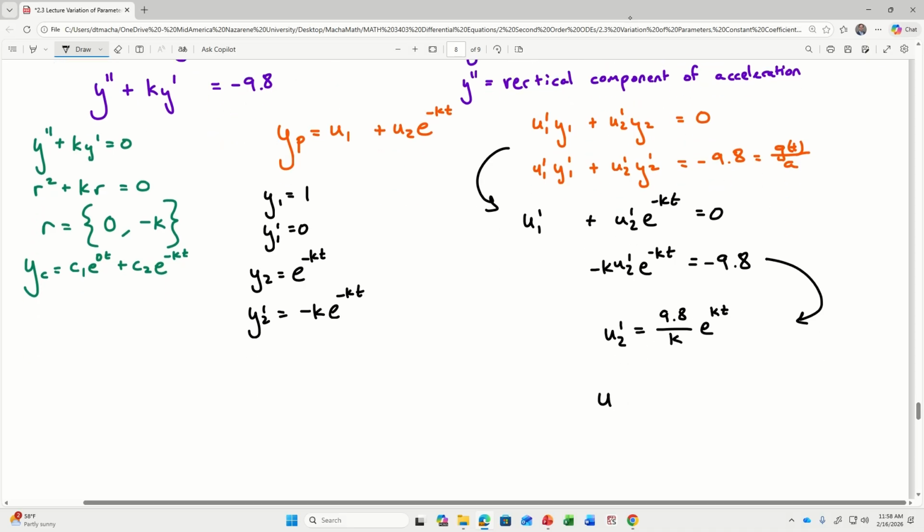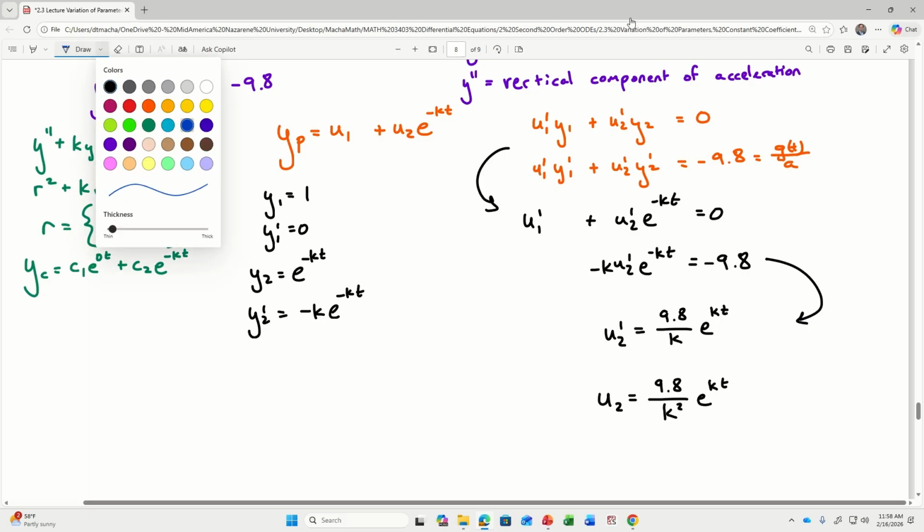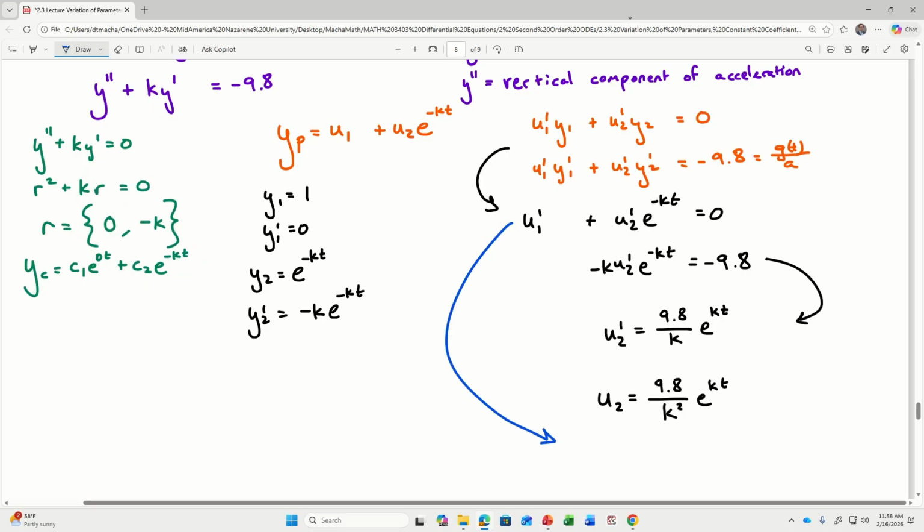And the antiderivative is 9.8 over k squared e to the kt.